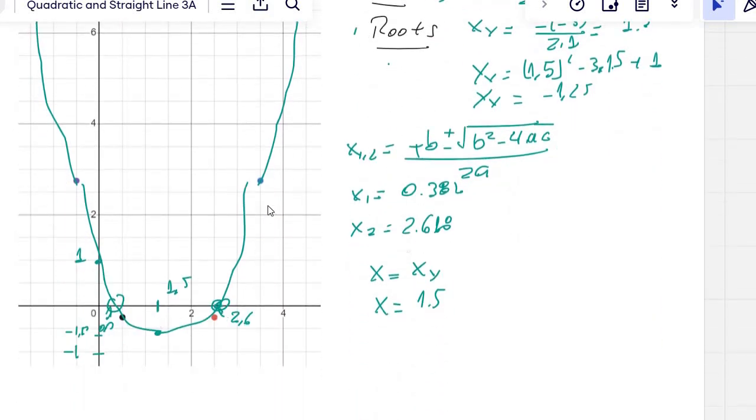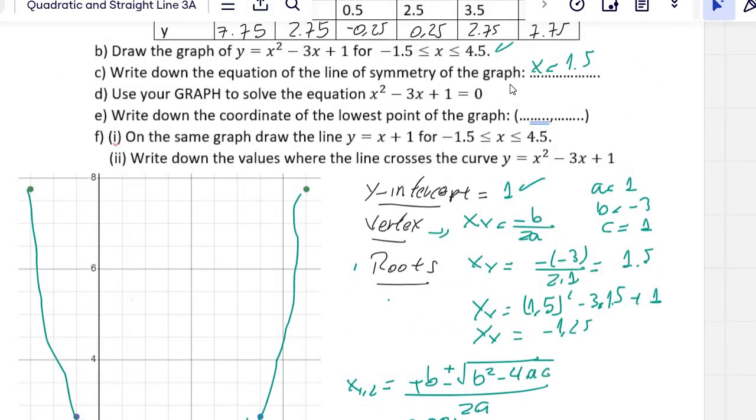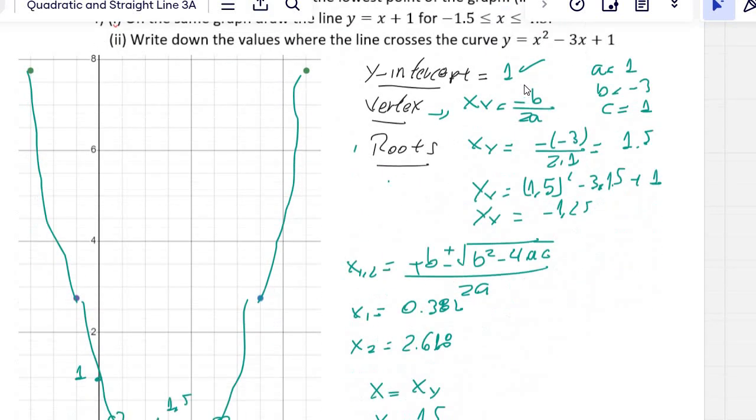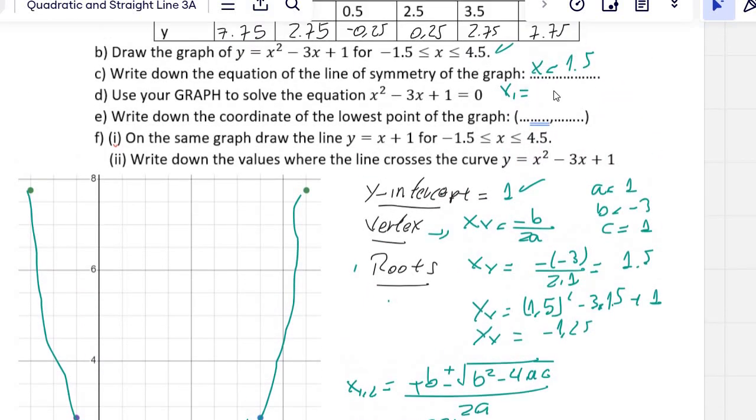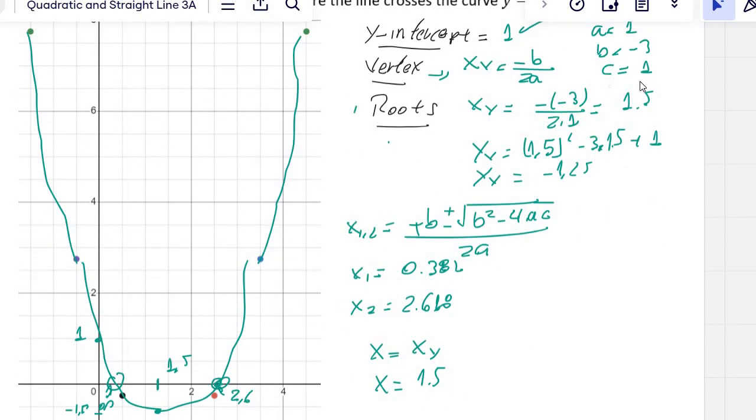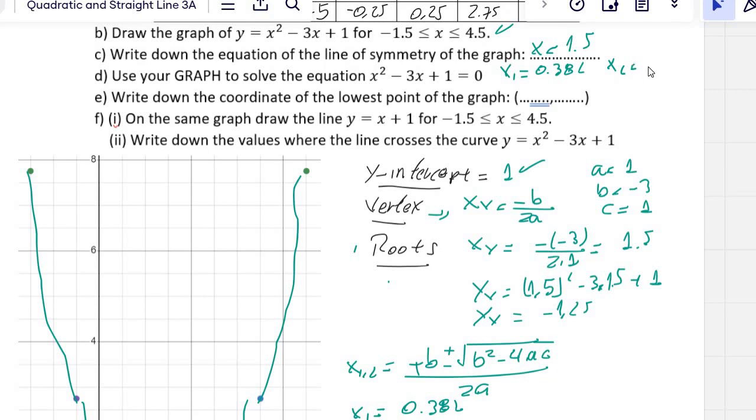Or if you draw it without the roots, you can say this is almost the value 2.6 and this is the value 0.38. In the exam I will ask you to do it with Bhaskara and with the graph, both ways. So x1 equals 0.38 and the other value, x equals 2.618.